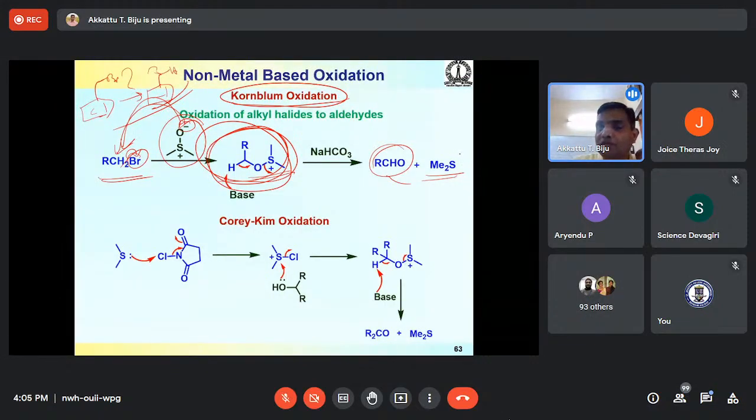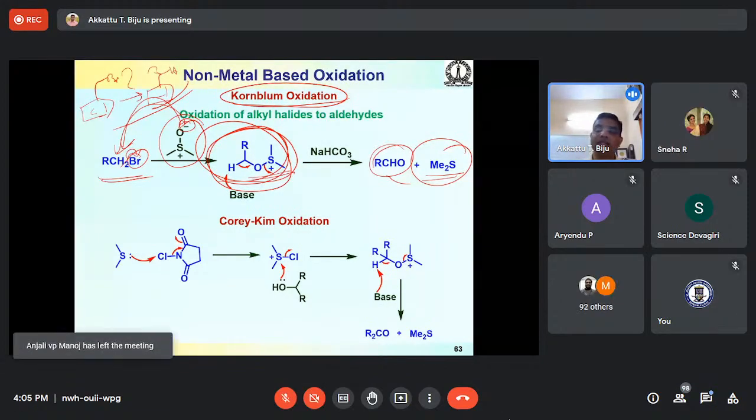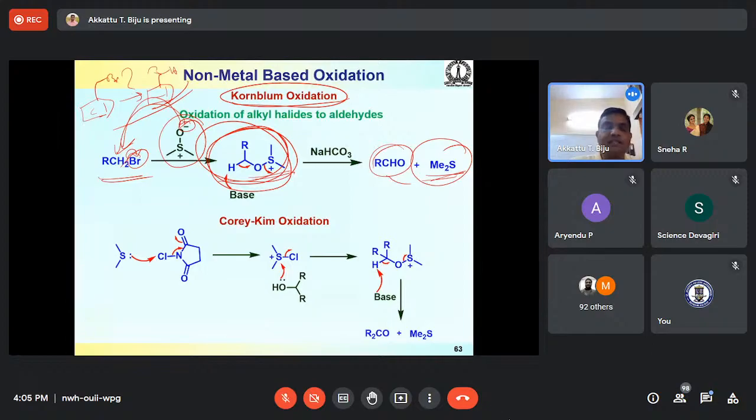In most of these reactions, the fate of dimethyl sulfoxide is that it gets converted into dimethyl sulfide. There is another oxidation reaction which uses dimethyl sulfide, the foul-smelling gas, as the reagent for doing this oxidation, which is another name reaction called the Corey-Kim reaction.